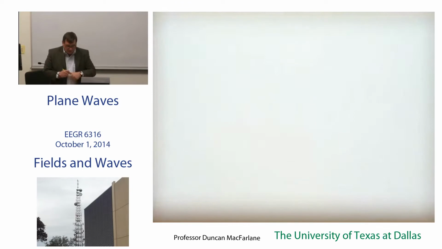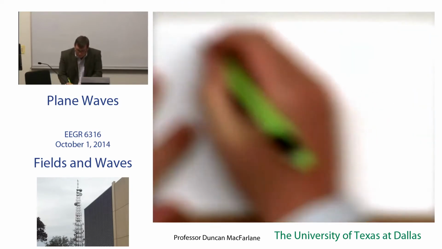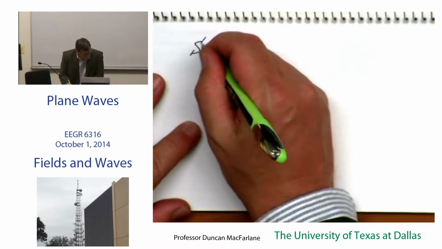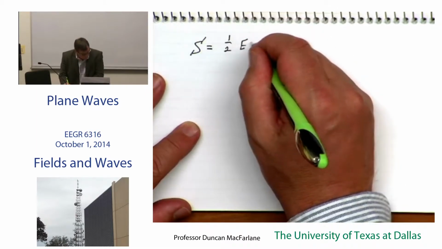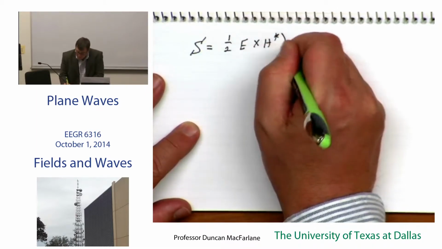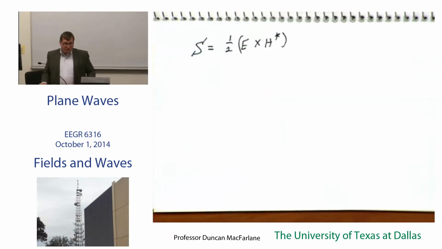Okay. If I have E and I have H, then I can find the Poynting vector.